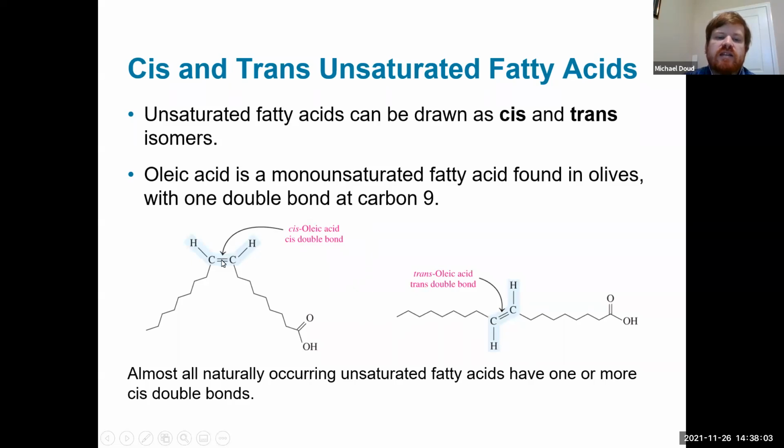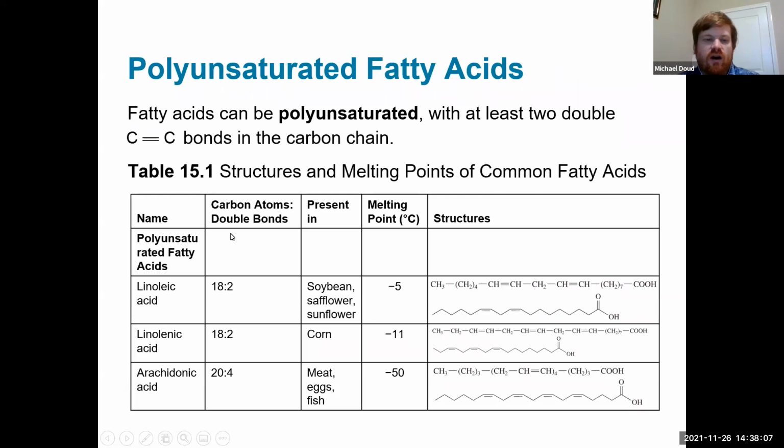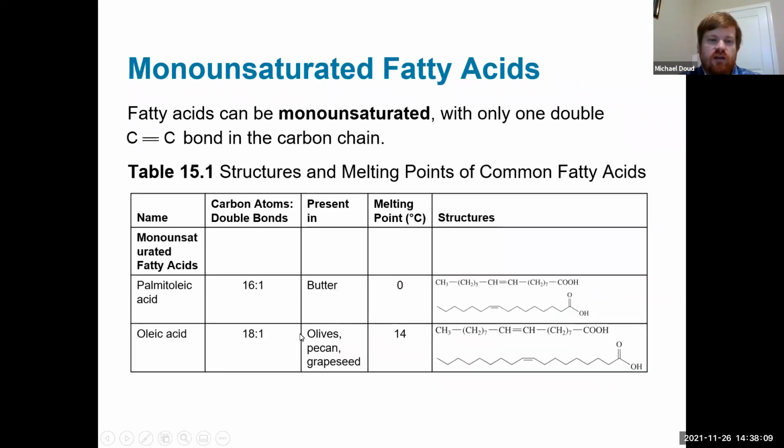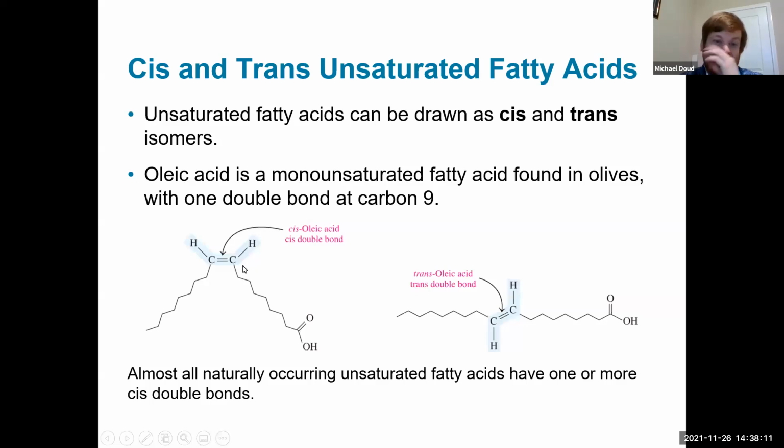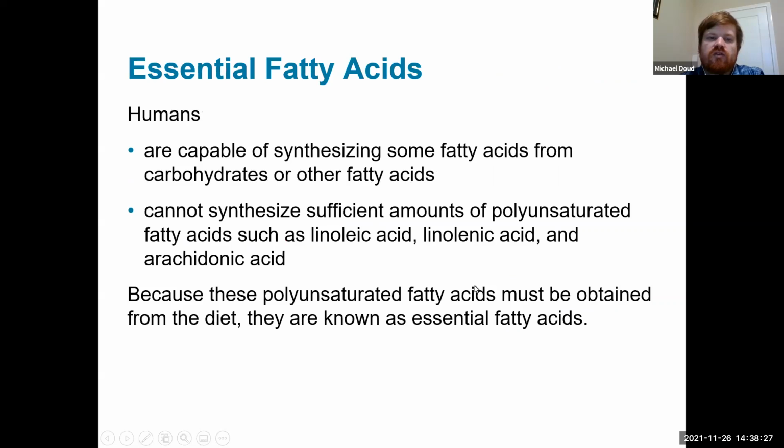So cis oleic acid is the way that oleic acid is found in, I want to say olive oil, did I get it right? Olive oil, yes. Oleic acid is in olive oil, and it's always found in the cis form in the olive oil itself. Yeah, and so this is the case for these unsaturated fatty acids. The double bonds tend to be the cis structure rather than trans structure.